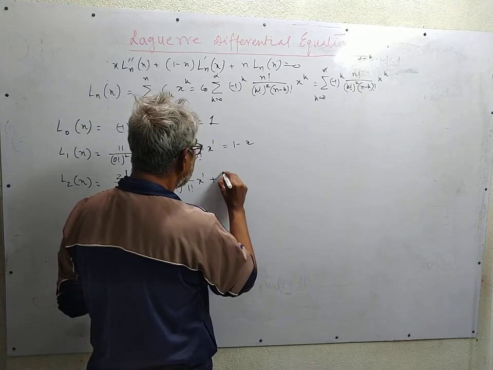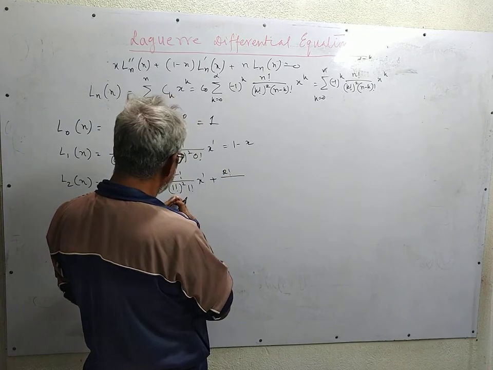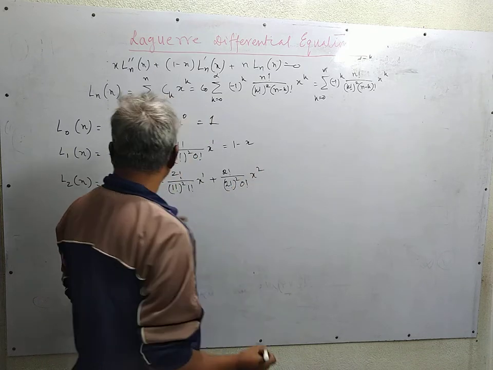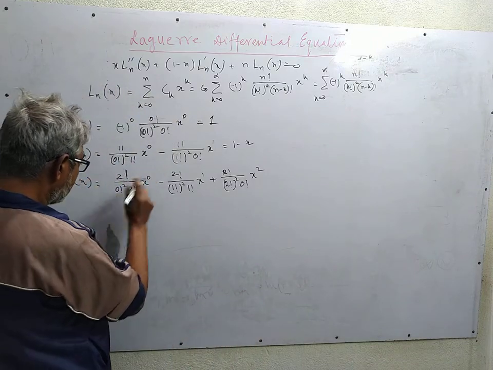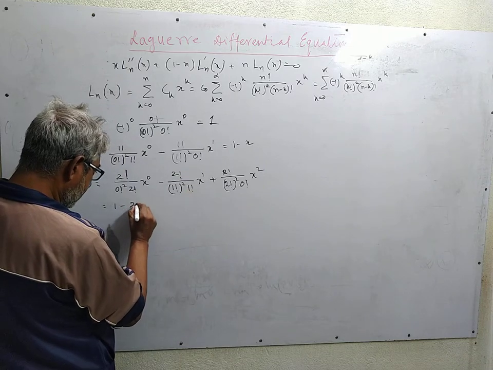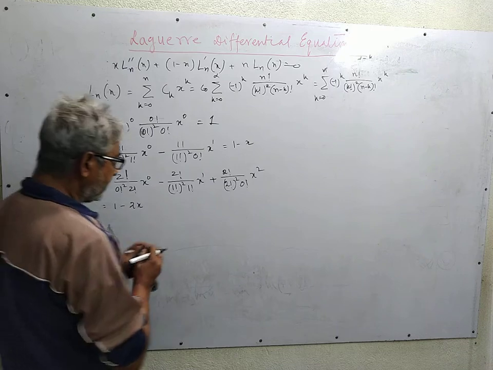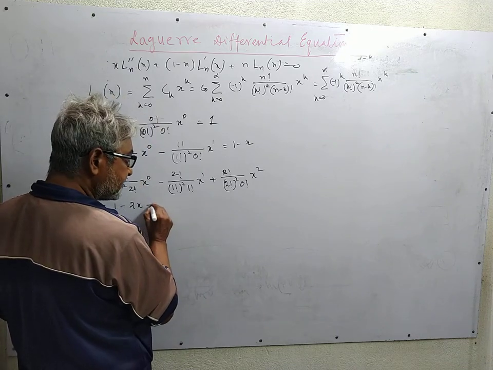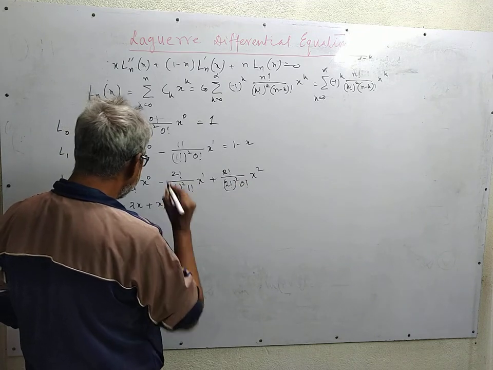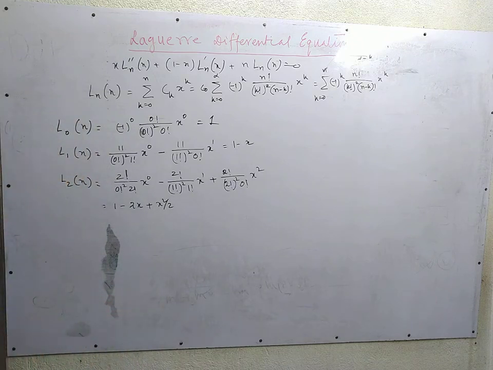Then plus 2 factorial over 2 factorial square times 0 factorial, x square. Now you see that the first cancels out and this term is 1, the second is minus 2x, and for the last term we have 2 and 4 in the denominator, so it is x square by 2. If we put x equal to 0, we get L2, L1, L0 all equal to 1.